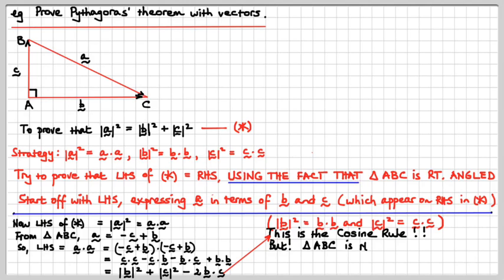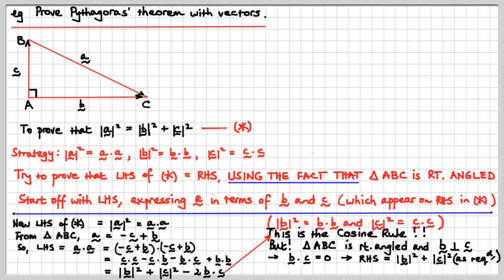Yes, because if triangle ABC is right angled, and vector B is perpendicular to vector C, then that last term down here, guys, is going to vanish. It's going to disappear off into the vector ether. Yes? And we're going to be left with that. And therefore we get the right-hand side is that, which is exactly Pythagoras' theorem.